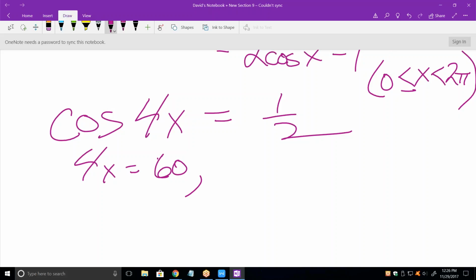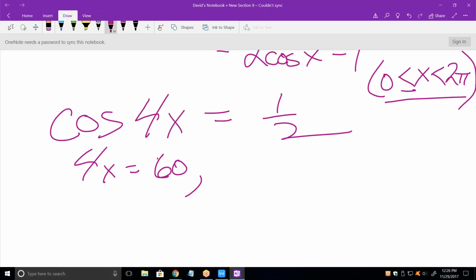What's the second answer inside that interval right there? Where else is the cosine of an angle equal to positive 1/2? This is where your calculator doesn't do any good, because your calculator is only going to tell you 60.